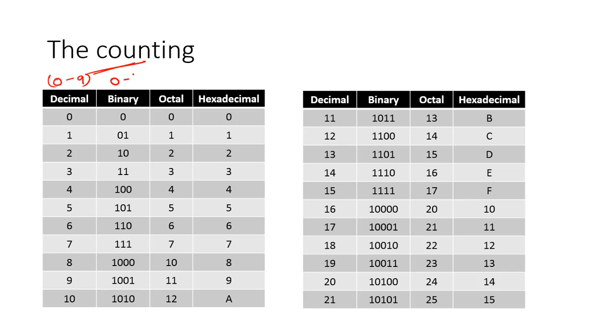Binary, you'll have either 0 or only 1, only two values. Octal, you have 0 to 7. The maximum is 7. Hexadecimal, you have 0 to 15. Since 15 is two digits in decimal, hexadecimal is a unique number system where this 15 would be represented as F. We'll see that in a little more detail.